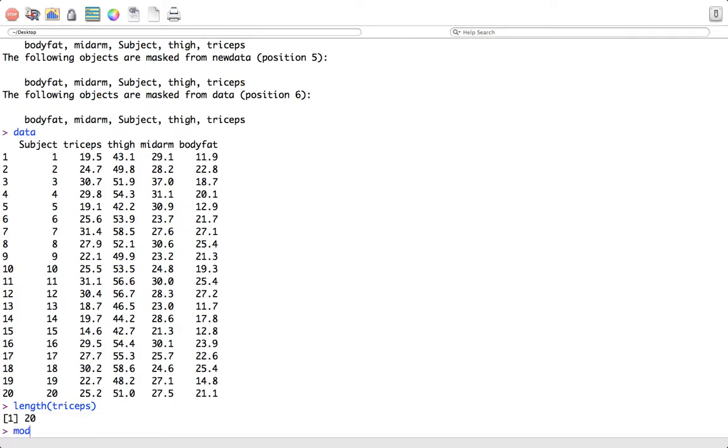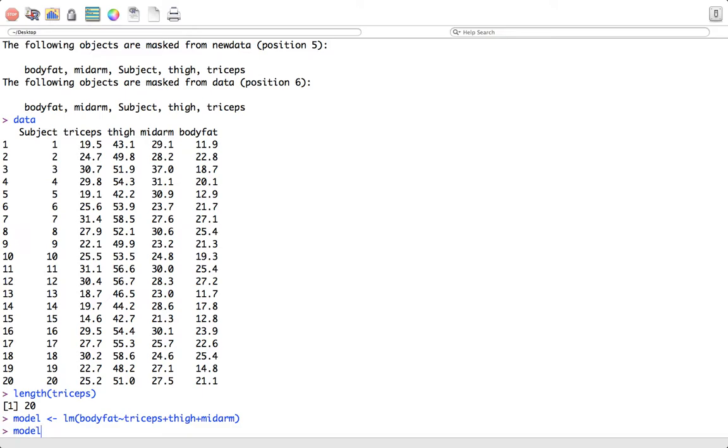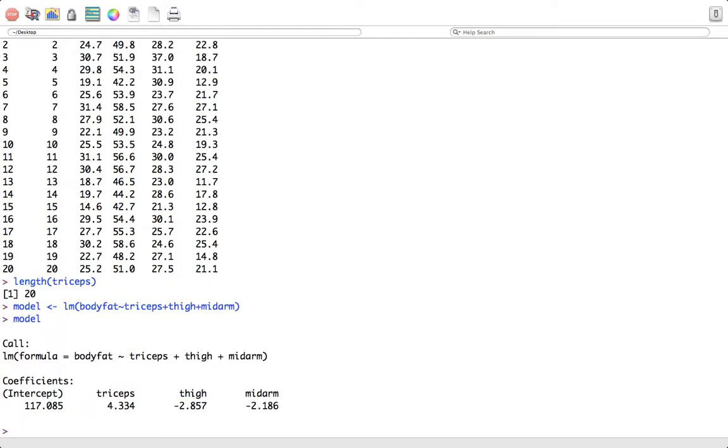Now I just want to make sure that I'm running my model on the right thing here because I'm going to be using it like crazy. So I want to predict body fat from triceps plus thigh plus mid-arm, and look at the model coefficients. All right, good deal.